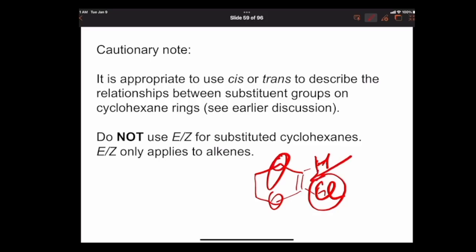That double bond would be considered an E double bond, just because the two high priority groups on that center are across that double bond. But yes, again, what I mean about do not use it on cyclohexanes, if we had down OH, down methyl, these guys are trans to each other, there is no EZ that you can use in this sort of a case. This is not an EZ naming convention.